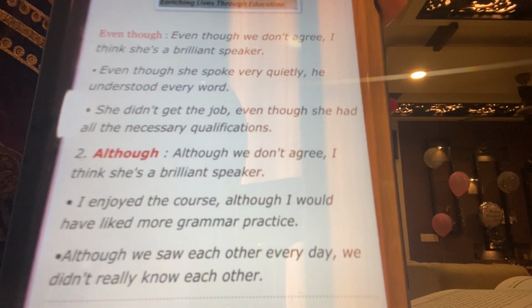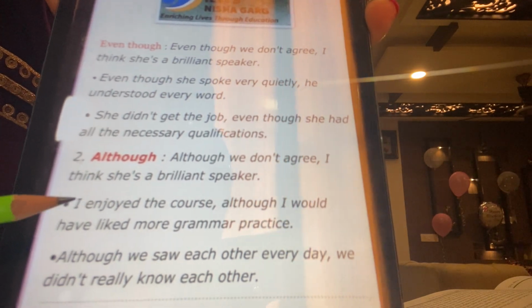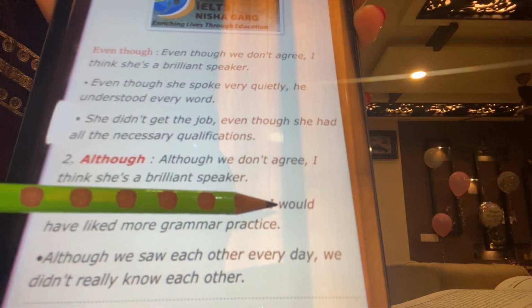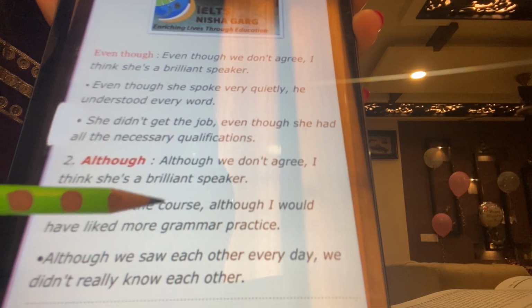Even though and although both mean the same. I enjoyed the course, although I would have liked more grammar practice. So they are saying, I have enjoyed the course, though I would have liked more grammar practice. That the course is fine, yet there is something that I want more. So what is that? Grammar practice. So this is how you can use although.